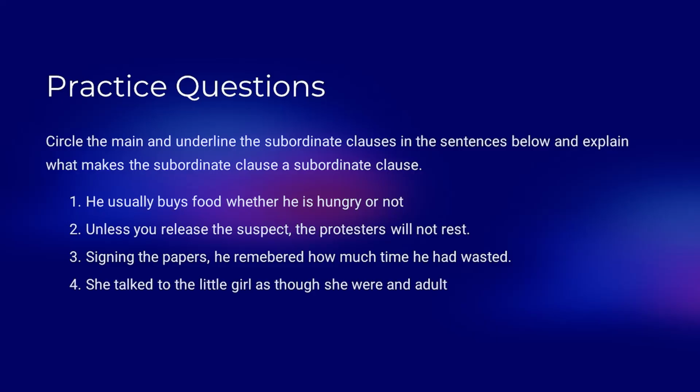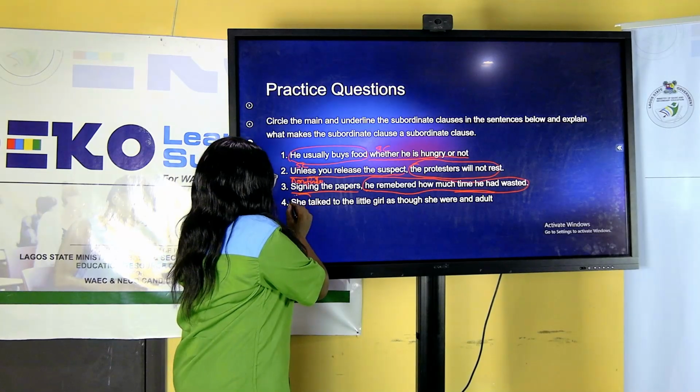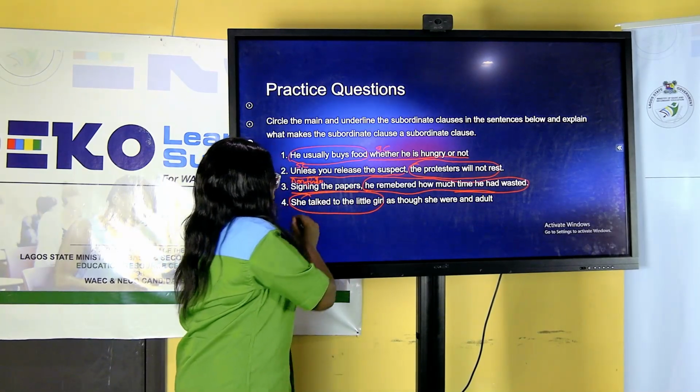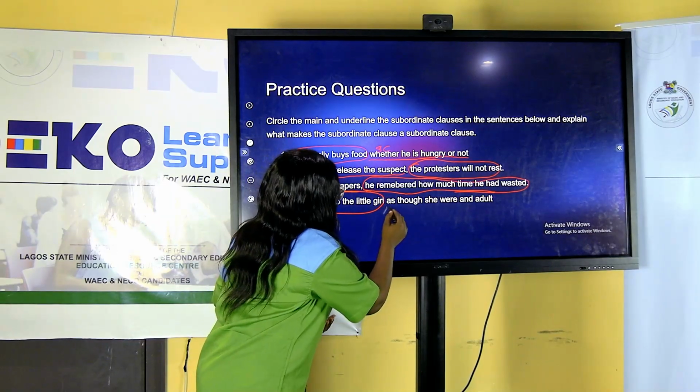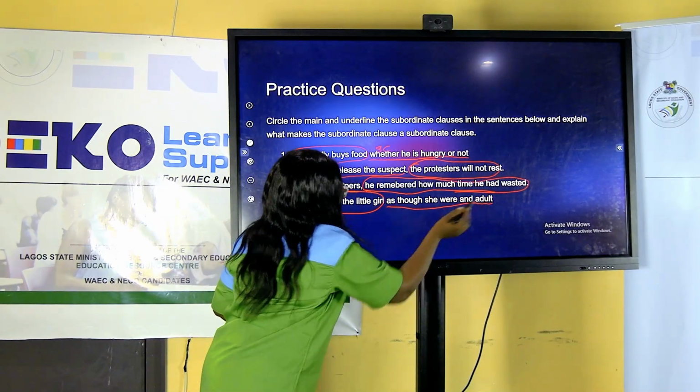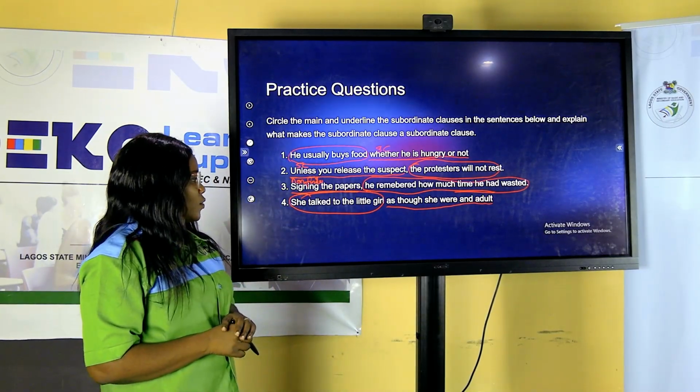She talks to the little girl as though she were an adult. What's the main clause? She talks to the little girl. Subordinate clause or dependent clause because it can't stand on its own, as though she were an adult.